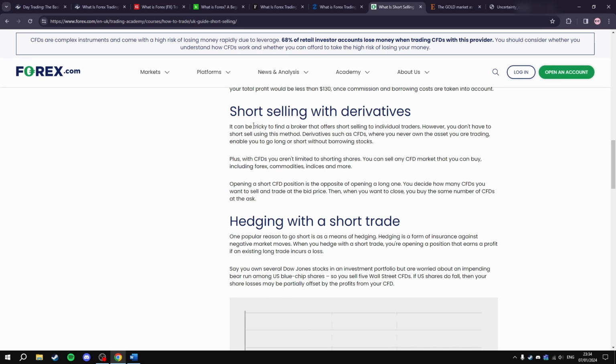Short selling with derivatives. It can be tricky to find a broker that offers short selling to individual traders. However, you don't have to short sell using this method.